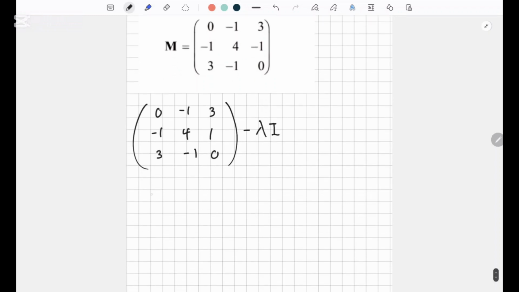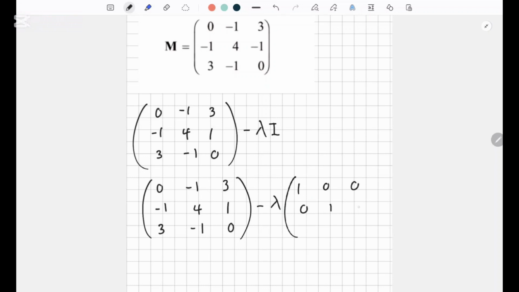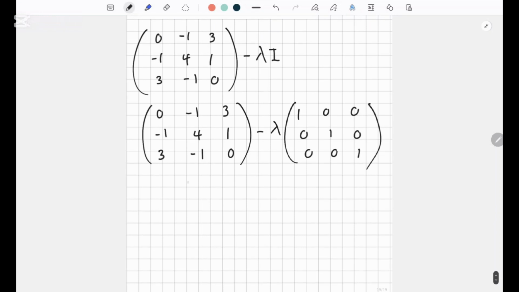That's the rule. So 0, minus 1, 3, minus 1, 4, 1, 3, minus 1, 0, subtracted by lambda times 1, 0, 0, 0, 1, 0, 0, 0, 1. That gives you, let me just write it again. 0, minus 1, 3, minus 1, 4, 1, 3, minus 1, 0.